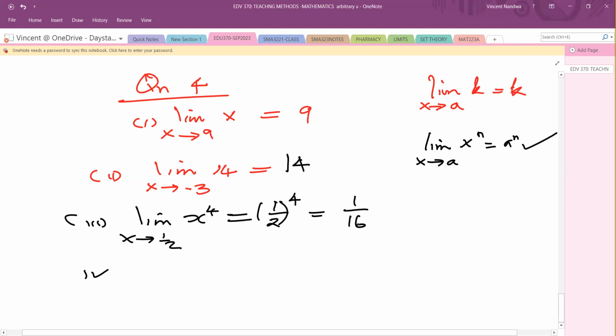Correct. And then the other one is given by the limit as z approaches 27 of z power 2 over 3. So still the power rule.